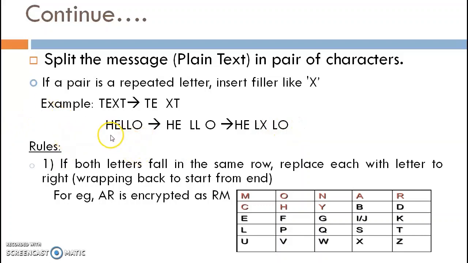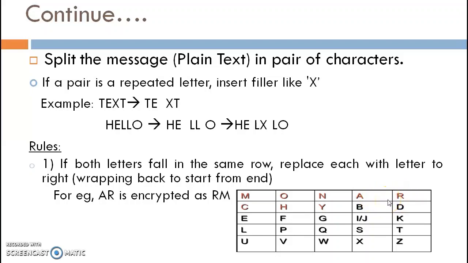Now before converting the plain text to the ciphertext, we follow three rules. First rule: if both letters fall in the same row, then replace each letter with the letter to the right, wrapping back to the start from the end. For example, if the plain text pair is AR, as shown in the first row, A and R, then it is encrypted as RM.